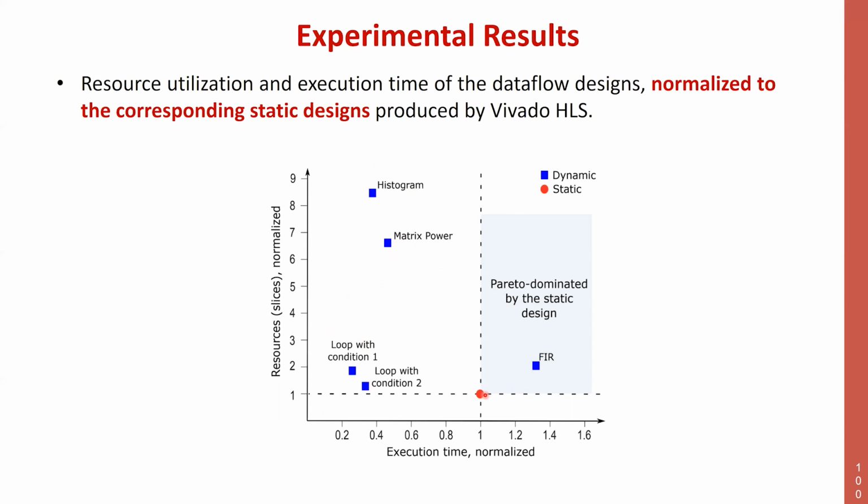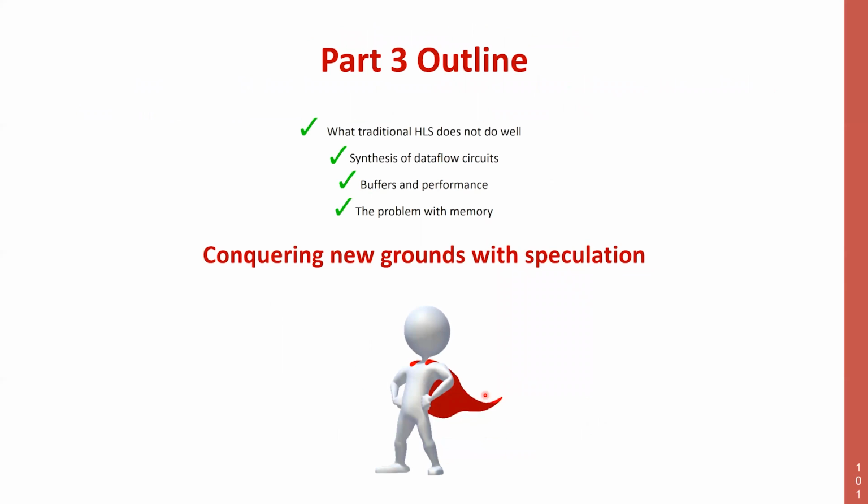If you want to be fast, you need to pay. If you pay, you can get much more performance. And the point is also that you can start going in directions that were in some sense prohibitive, impossible in the world of static scheduling. What are these things? They are exactly the same things that we do regularly in our superscalar processors, like speculation.